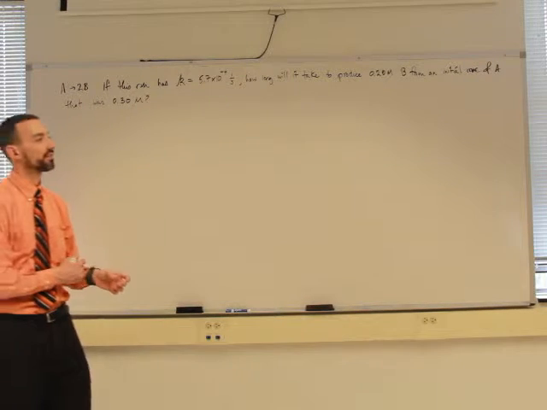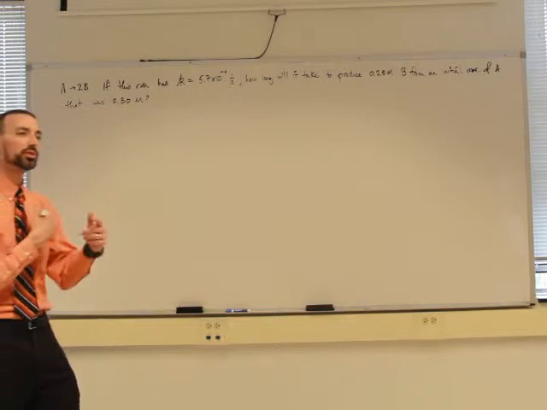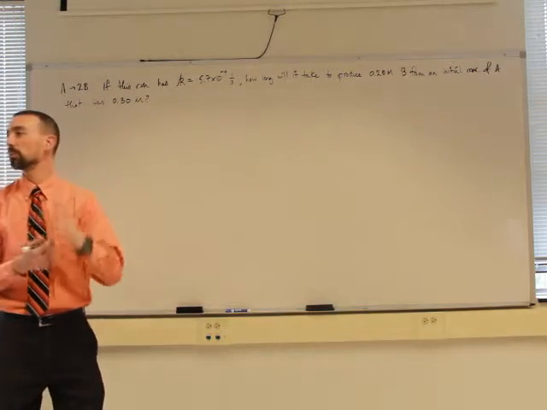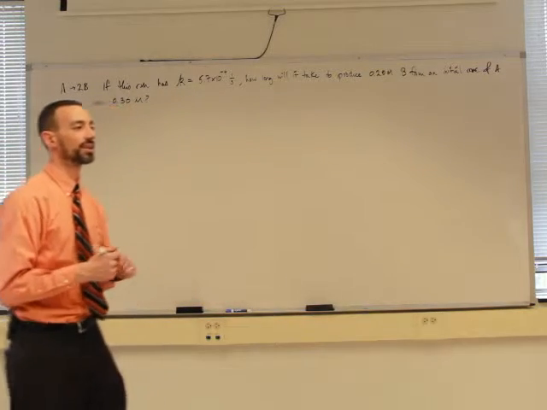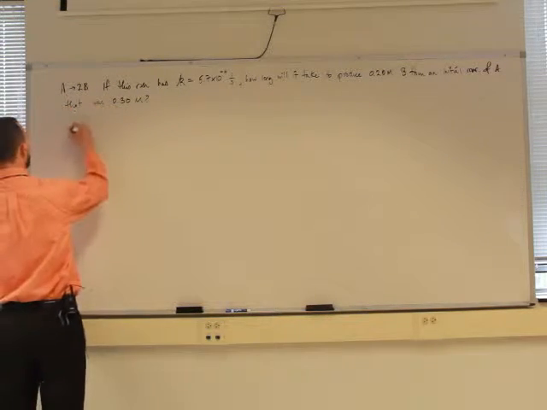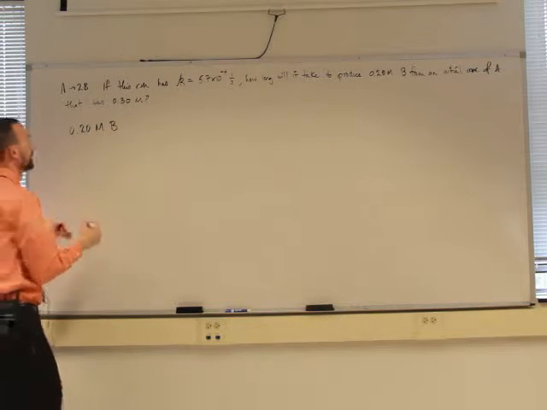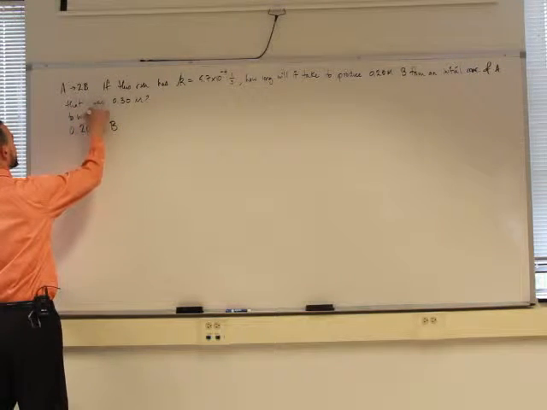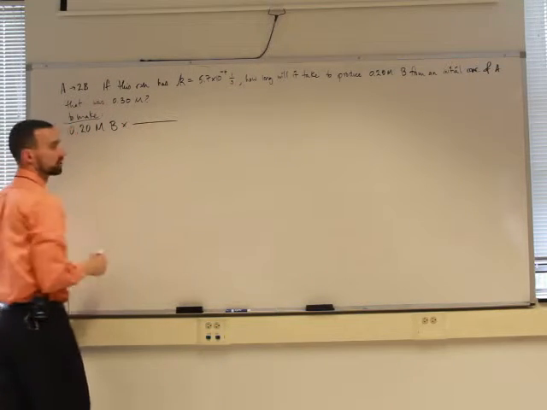And so we're going to have to figure that out. But we're really after a time here. So we've got to do some translations. That's what this problem really is at the start. Before we can do the kinetics, we've got to do some translations here. In other words, to make 0.2 molar B, how would we get this, right? To make this much B? Well, let's use our stoichiometry.